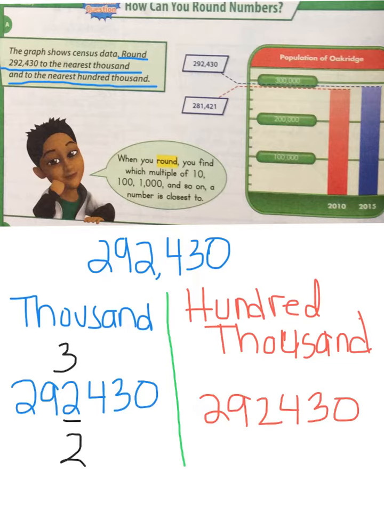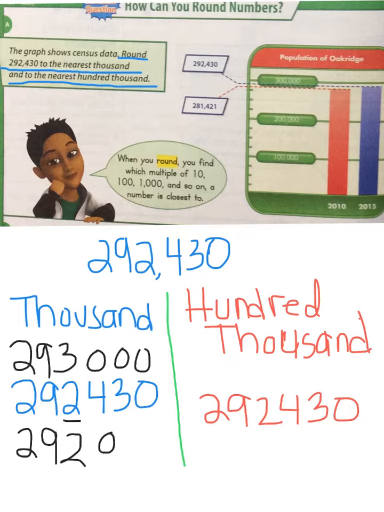So if we're rounding to the nearest thousands place, I'm going to have 293,000 or 292,000. To determine if we are going to round up to 293,000 or down to 292,000, we are going to look at the digit to the right of our target digit.